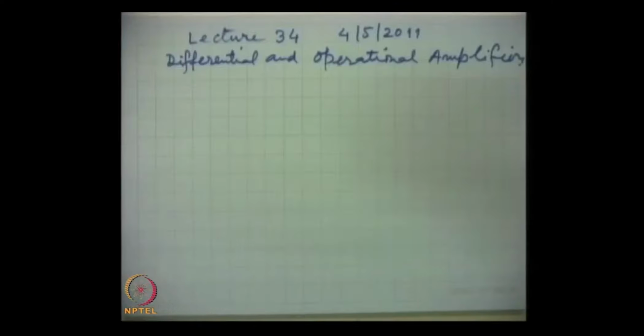We are going to have the next topic on differential and operational amplifiers. We have done small signal amplifiers, either common emitter, common base type or common source, common drain in FET and MOSFETs.